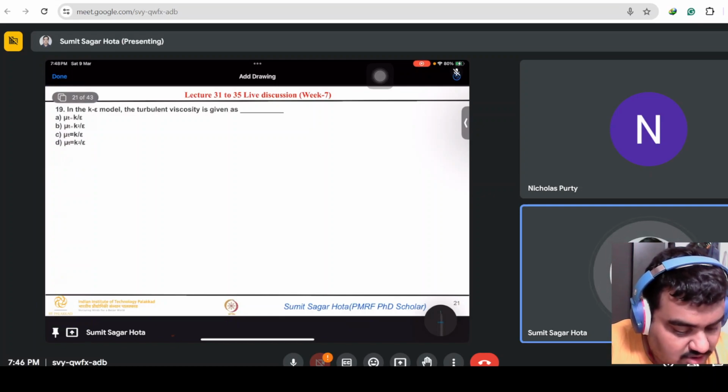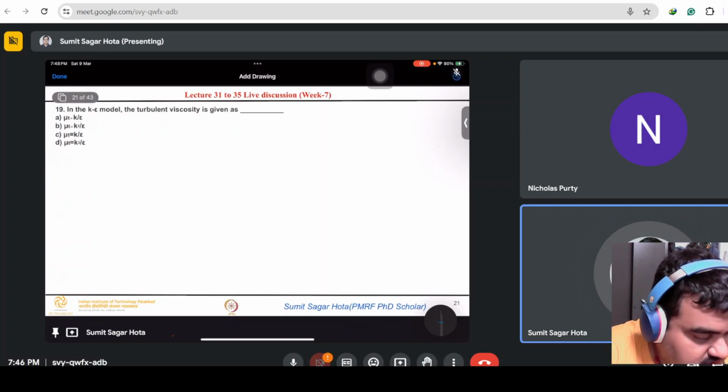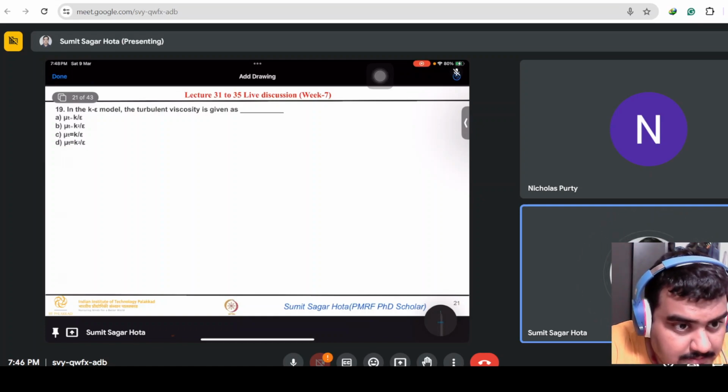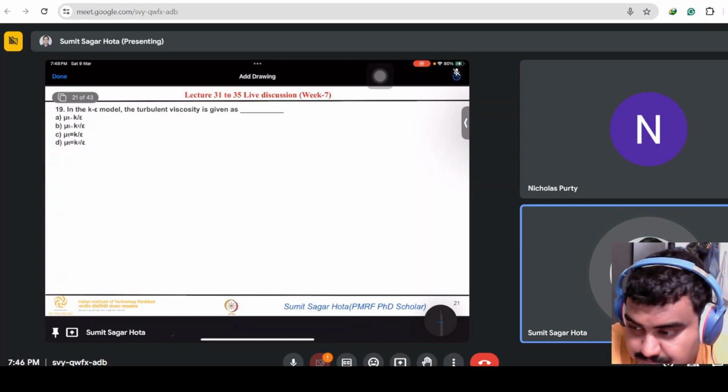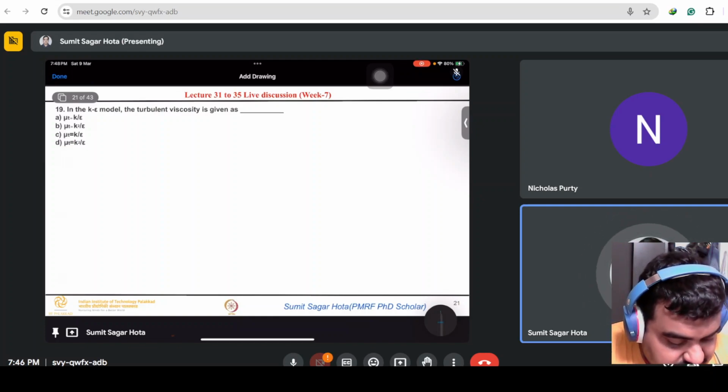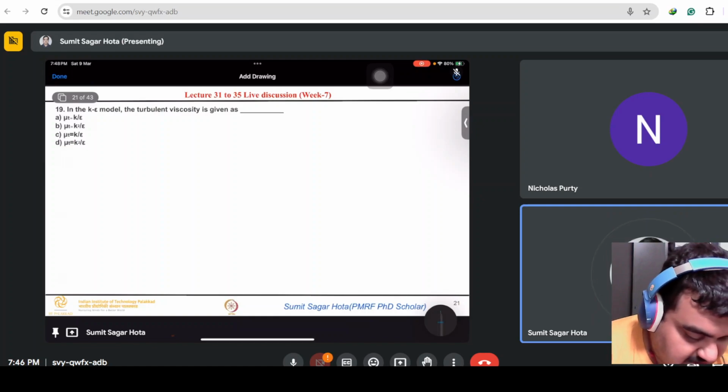In the K-epsilon model, the turbulent viscosity is given as what? The answer is B, mu T proportional to K squared by epsilon.